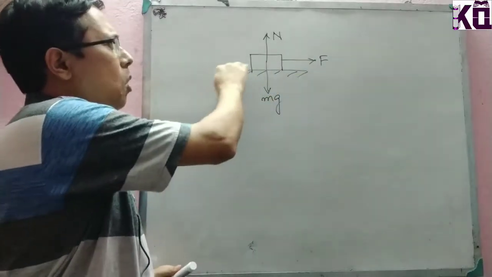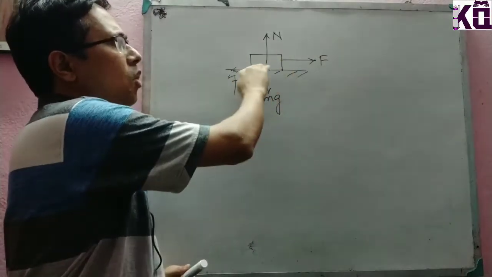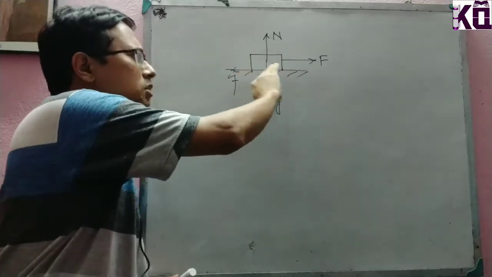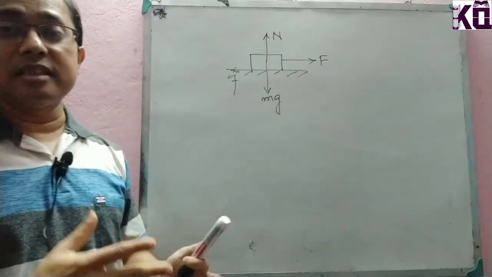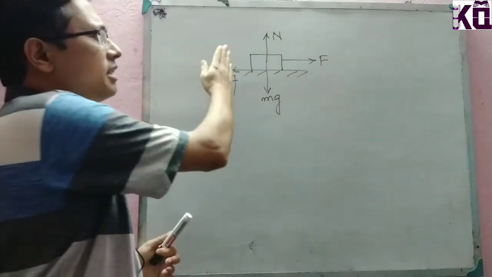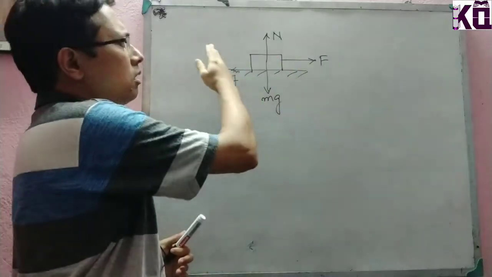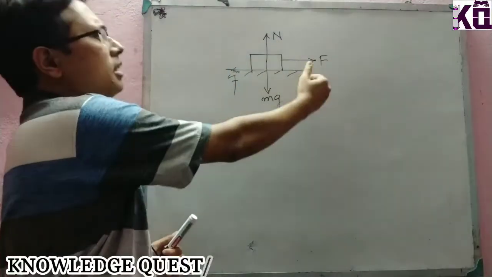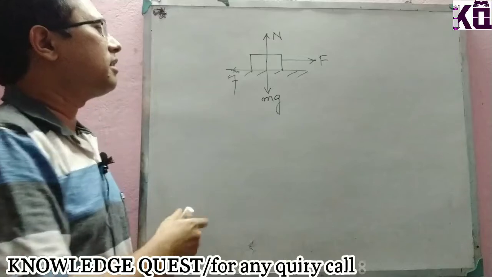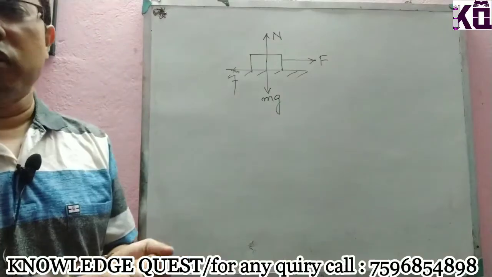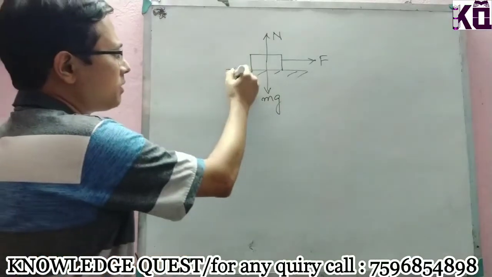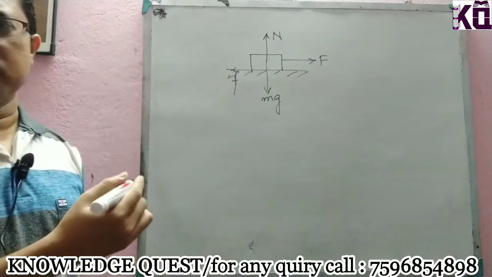Along the surface, opposite to the direction of its motion, not only its motion but its tendency to move, when there is the tendency to move, in the opposite direction there is the activation of the frictional force. That is a very important part.